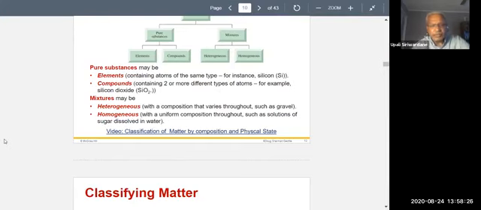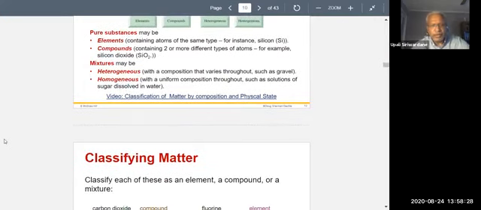Mixtures could be either heterogeneous, where composition is different in different parts of the sample. If you take a piece of gravel, one part of the gravel has different things than the other part. Gravel is a mixture of many minerals. It's heterogeneous.